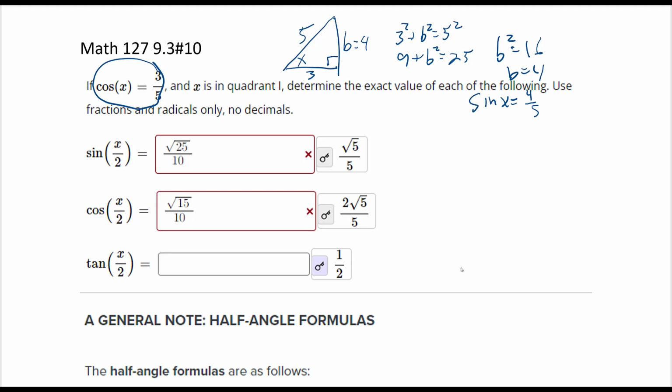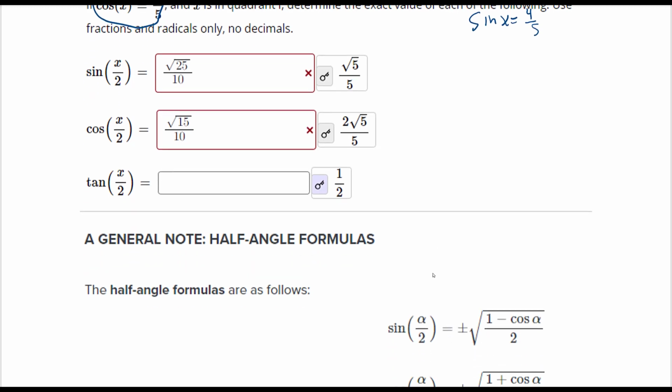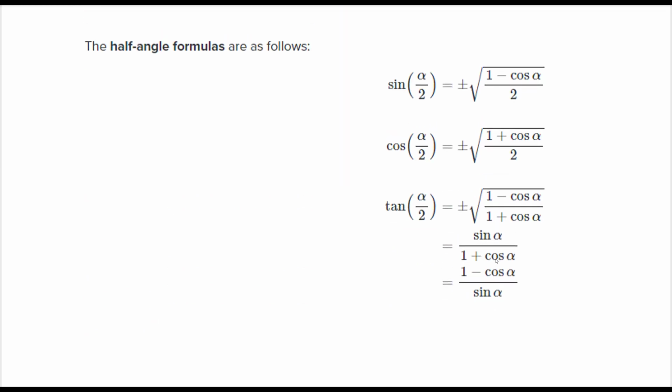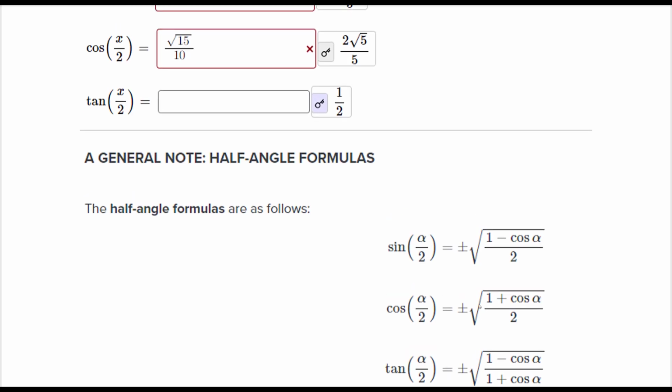So we could just run down here and take care of the tangent one, using one of these three things. It really doesn't matter, but it might be easiest to use the bottom one: 1 minus cosine of x over sine of x. So that's going to be 1 minus 3/5 over 4/5.